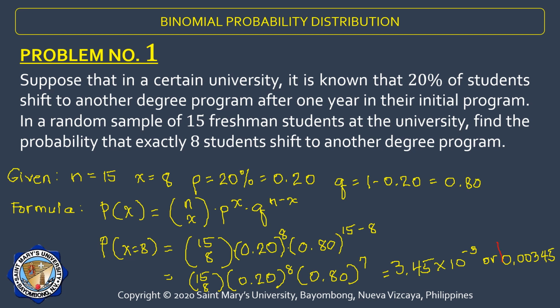So this is the probability of getting exactly 8 students that will shift to another degree program.